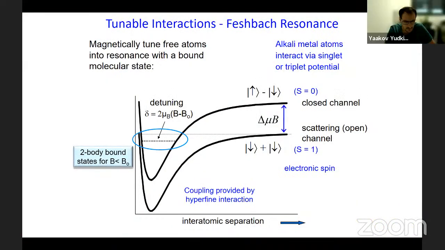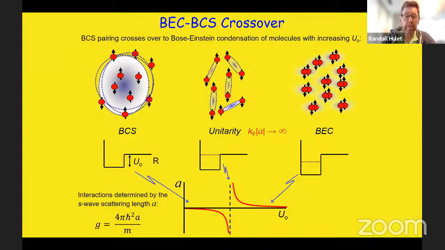Okay. I guess the main difference between your two pictures is that here in the Feshbach resonance, you're explaining that the bound state belongs to a different potential. And in the previous slide, it's more kind of a shape resonance, which gives rise to the bound state. Can you comment on that? What is the difference and why is it the same? Yeah, so this is a simplification.